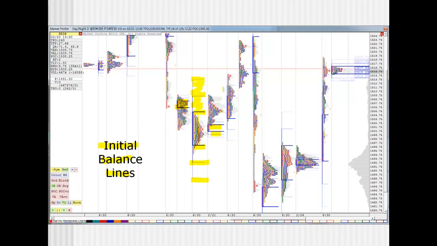If you look at the actual day sessions, you will see a very different picture where, in fact, the initial balances will be more expanded, they'll have more range to them, and they will be key reference points for the market, as you will begin to see.